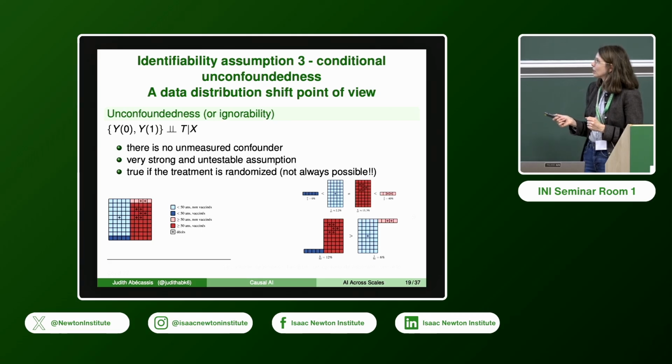If we strictly compare, we could find that actually there is a higher death rate in the group that is vaccinated, because there is a lot of death in the more aged group.